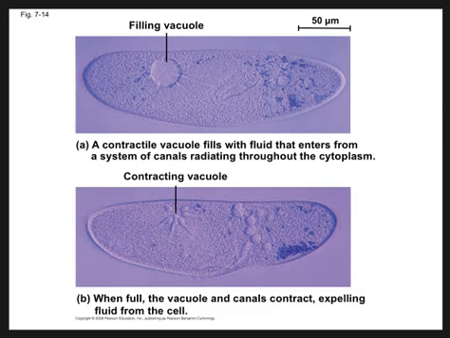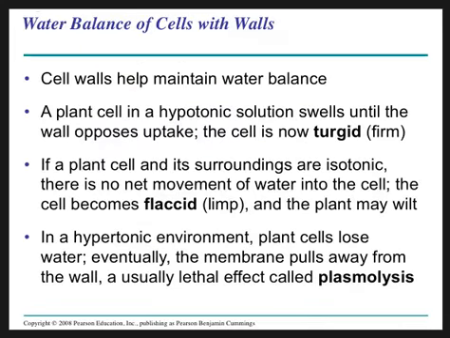This is a 24/7, 365 process for this paramecium, because if this fails, water is going to flood into this cell and it's going to rupture. So it needs that specialized contractile vacuole to maintain its life in that hypertonic environment.